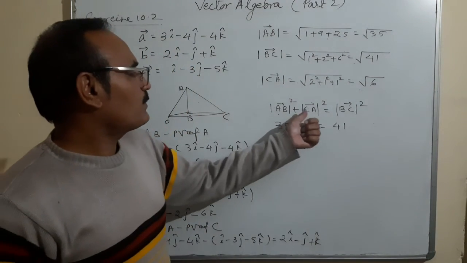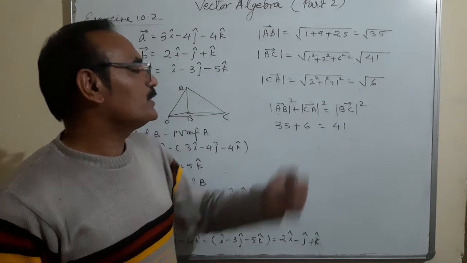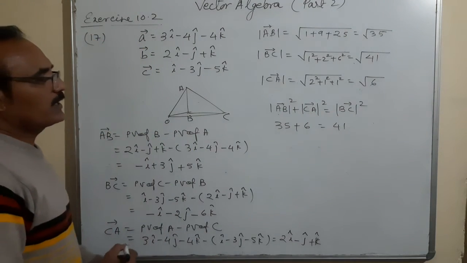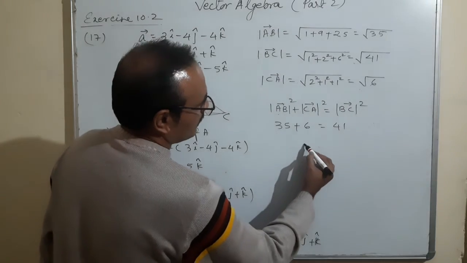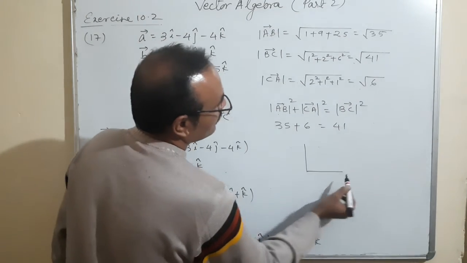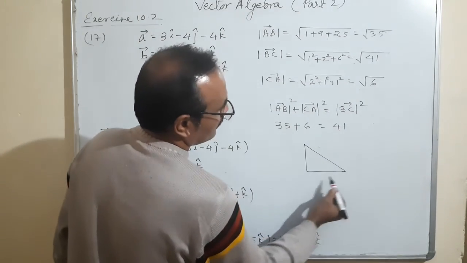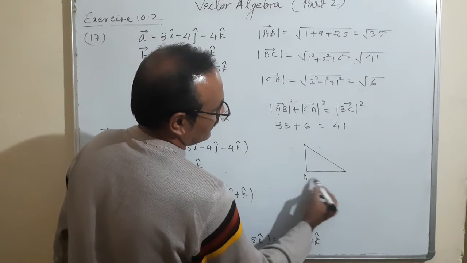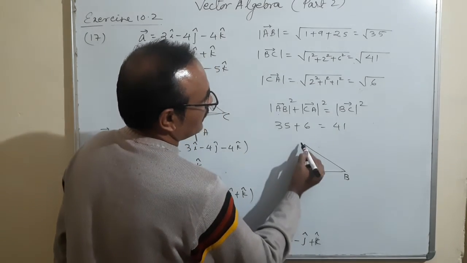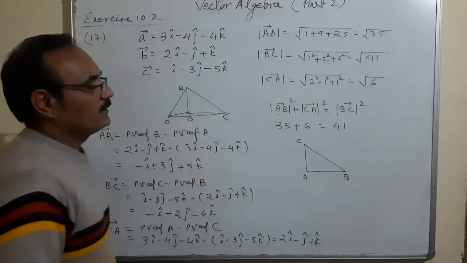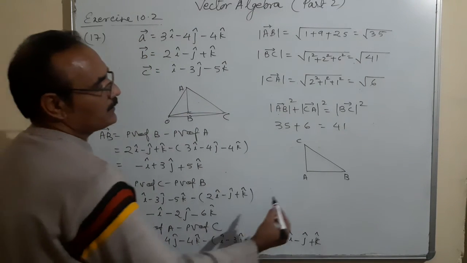That means your right angle will be at A, and triangle ABC will be a right angle triangle.